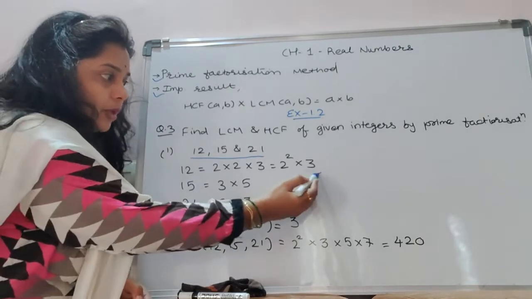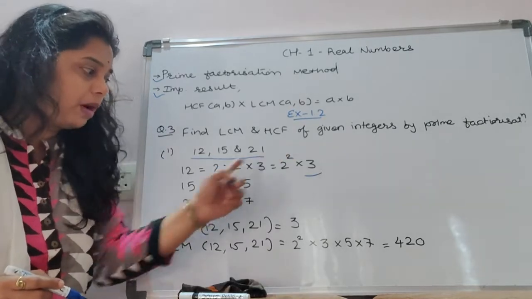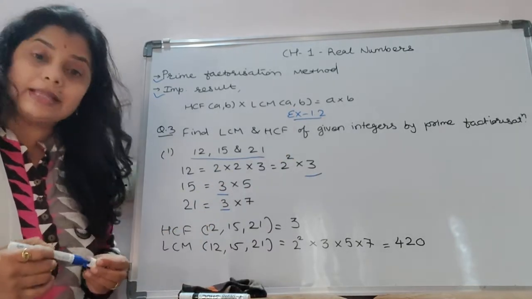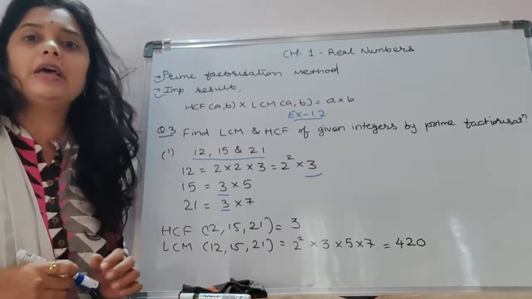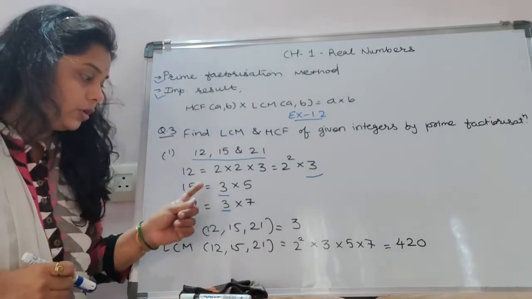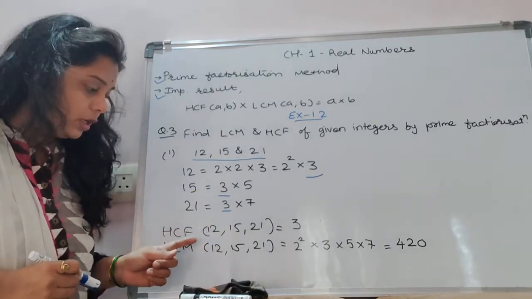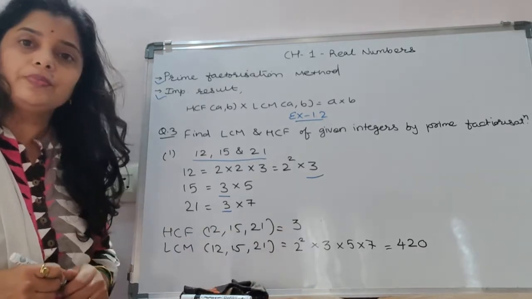So 3 is a common number and all have power 1. So we take HCF as the number which has the minimum power and is common in all the integers. So HCF of 12, 15 and 21 is equal to 3.